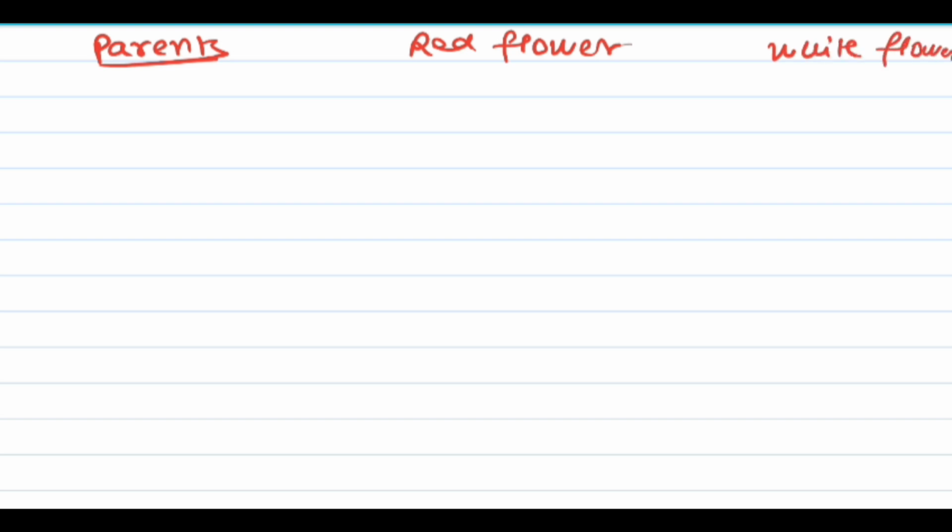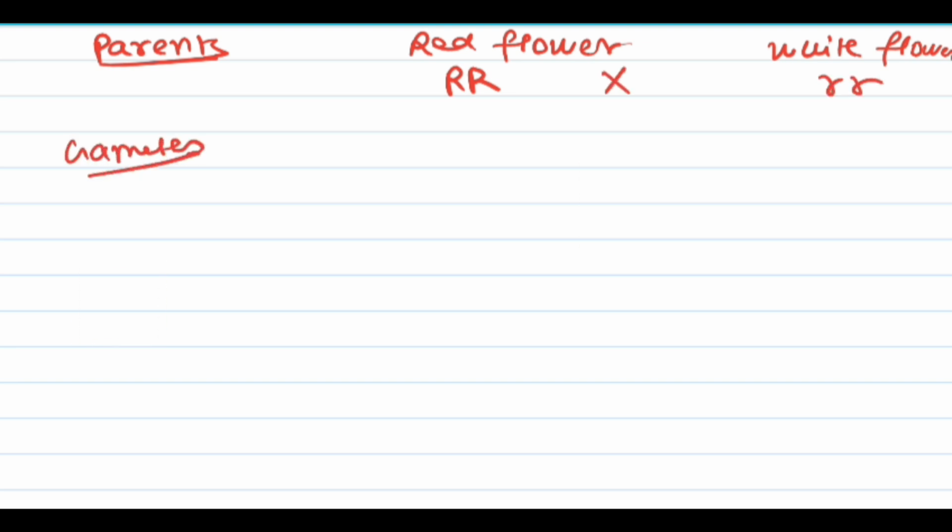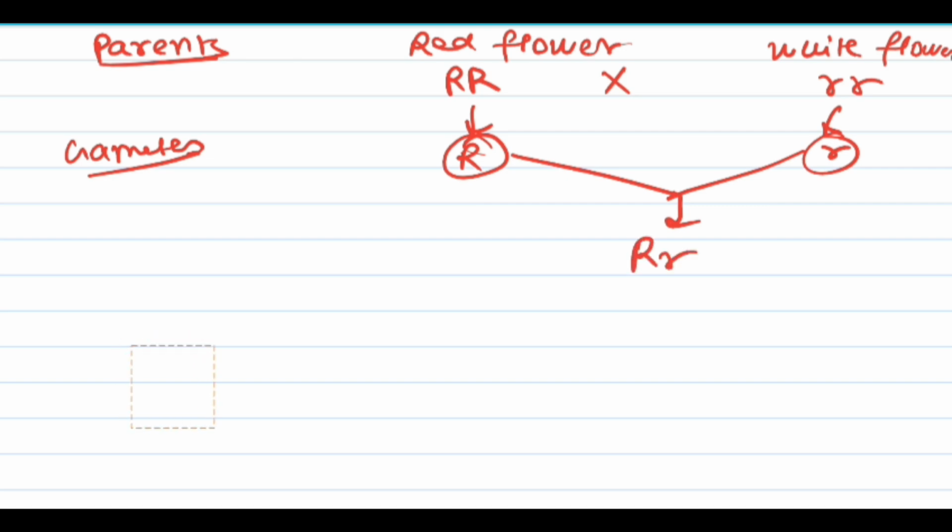So writing this in a neat way, parents is, we have red flower and white flower. Red flower is capital R capital R, white flower is small r small r. When we cross them, we get the gametes as capital R and small r, and we get capital R small r in F1, and all are pink.